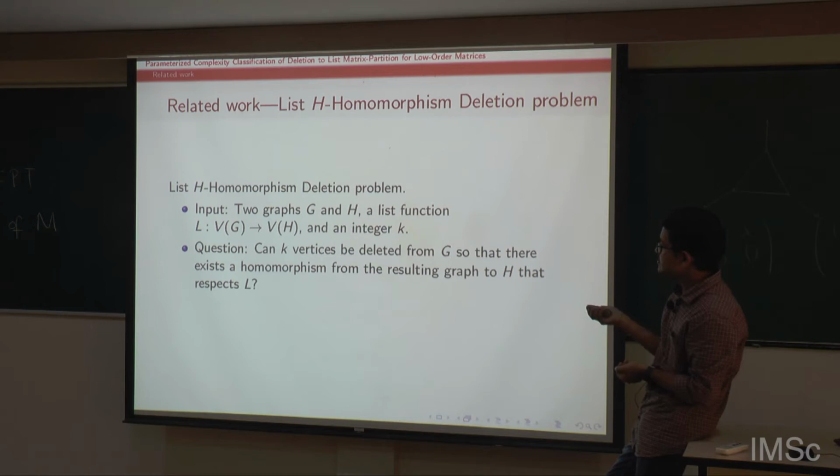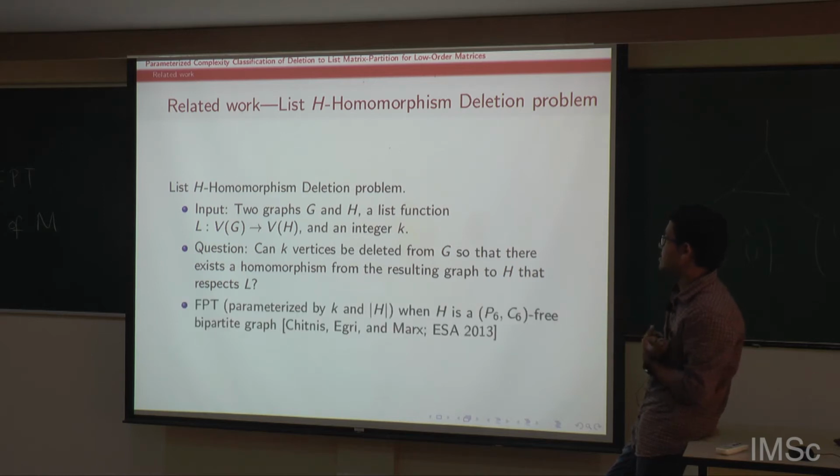So this has been shown to be FPT when parameterized by k and the size of H, when H is a P6 C6 free bipartite graph. This was in 2013.